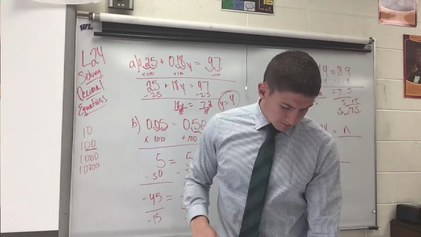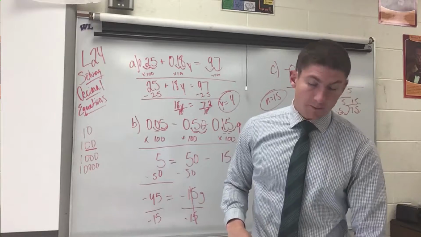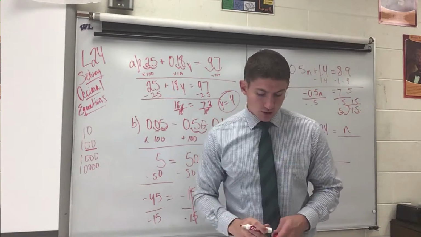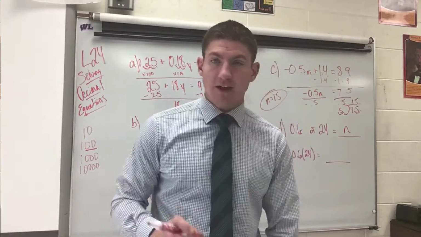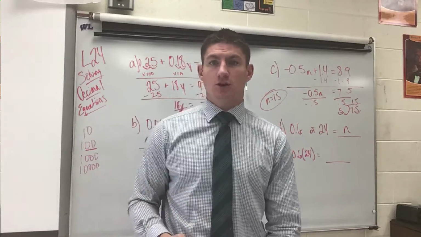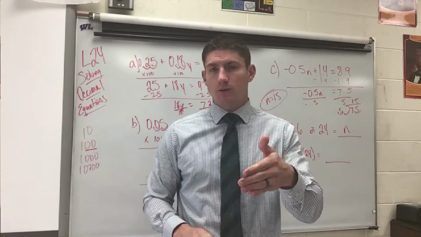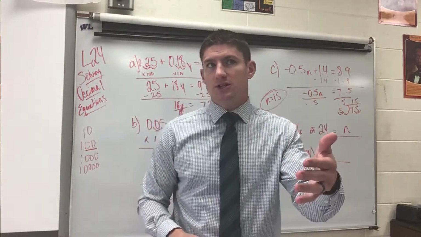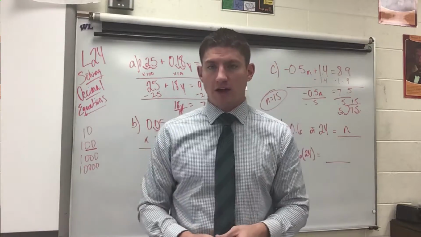For letter D, you've got 0.6 of 24 is what number? In example 3 in your lesson 24, it says finding parts of a number with decimals. Decimals and percentages are really closely related in this way, and we can use of as a way in which you're multiplying a decimal value, which is the simplified form of a percent, to find how much of that value there is.